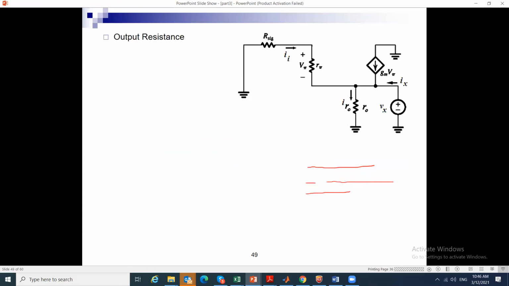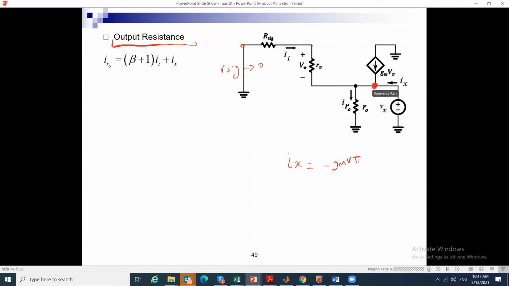And as far as the output resistance is concerned, we said that we can find RO easily, but if we want to derive R out, i.e. when V sig tends to 0, okay, in this case, what we need to say is we need to find Ix and Vx over Ix. So we can say that Ix is equal to minus GM V pi.